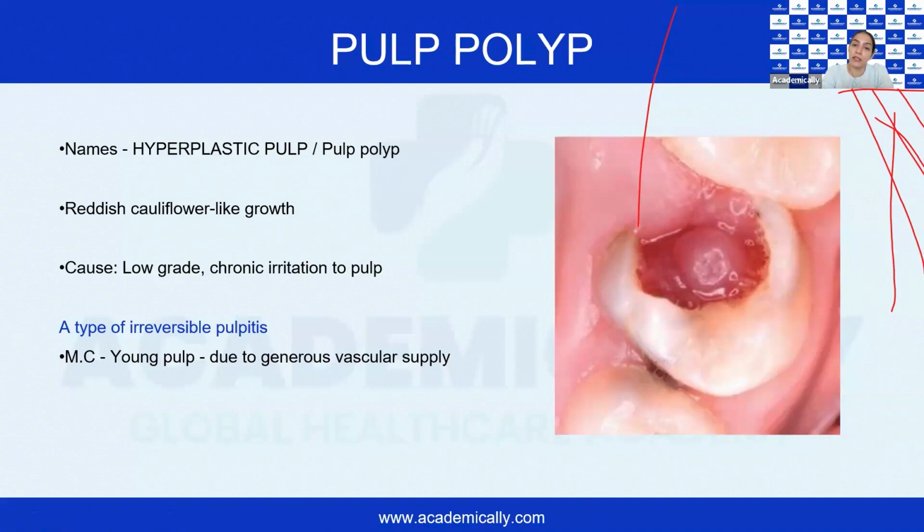And the bacteria were able to demineralize the hardest tissue of the human body, which is enamel and dentine. That was eroded, but inside, the inflammation has much more power to take the battle to an extent that now the pulp is growing through and through. And this growing also is leading to a hollowing out of the tooth from within. So it is called pulp polyp or hyperplastic pulp.